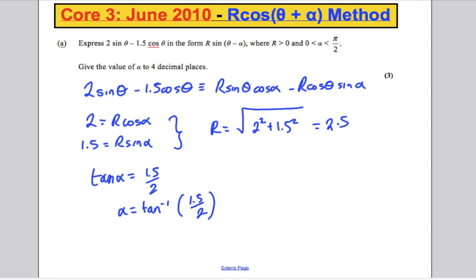So change your calculator to radians, inverse tan 1.5 divided by 2, and you get alpha equal to 0.6435, and that's to the 4 dp we asked. So writing this out in the right form, it would be 2.5 sine(theta subtract 0.6435), and you're done at that point.